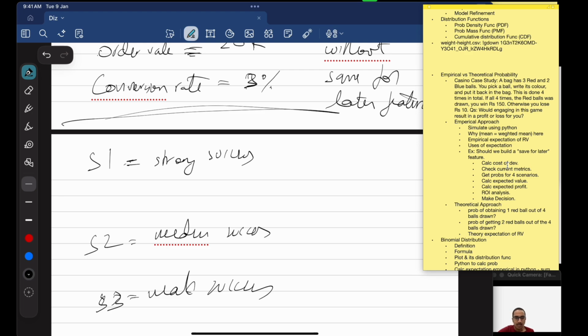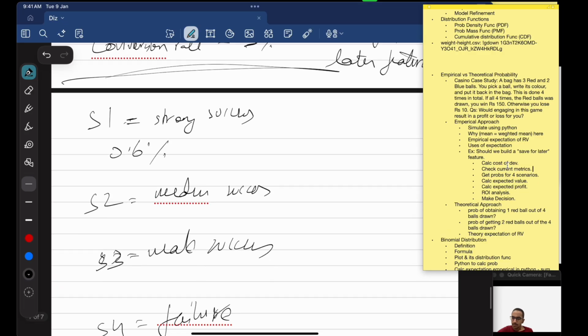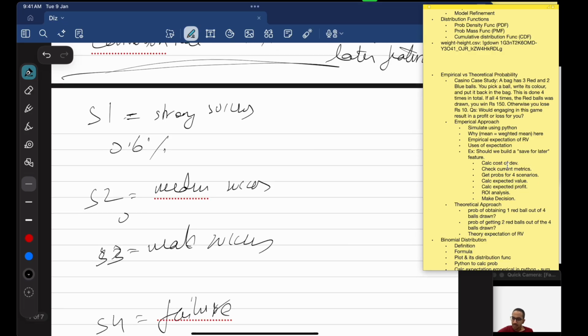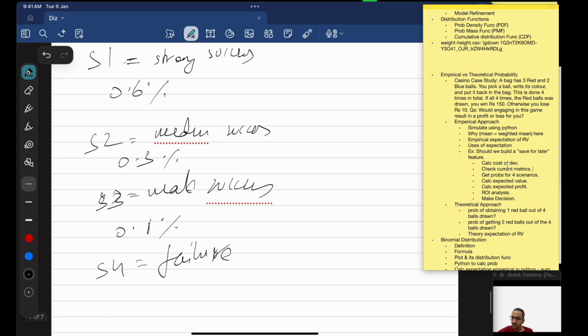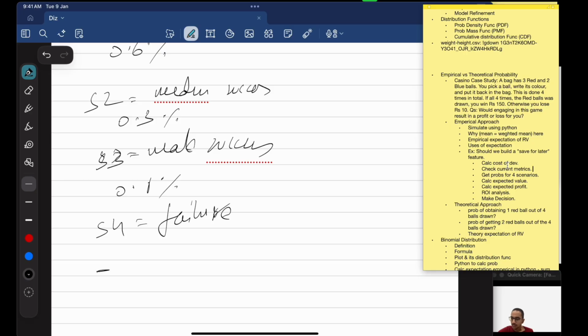In this case, the conversion rate increased. So we are assuming the numbers. Based on the research, we are saying the conversion rate can increase by 0.6%, right? In scenario 2, the conversion rate increased by 0.3%, scenario 3 by 0.1%, and scenario 4 failure, it went negative, so negative 0.1%.